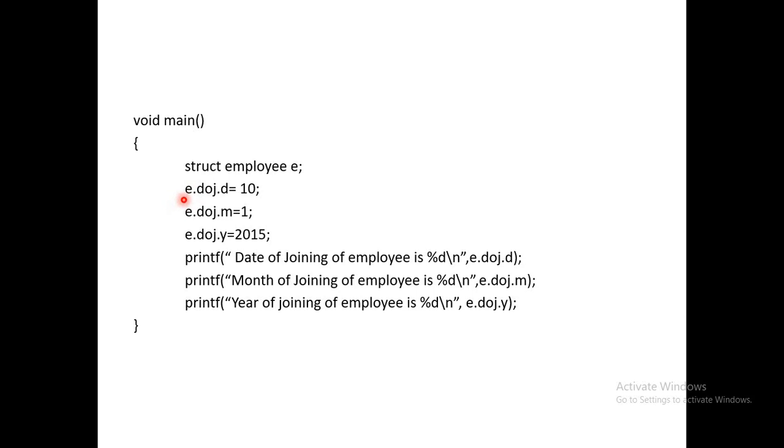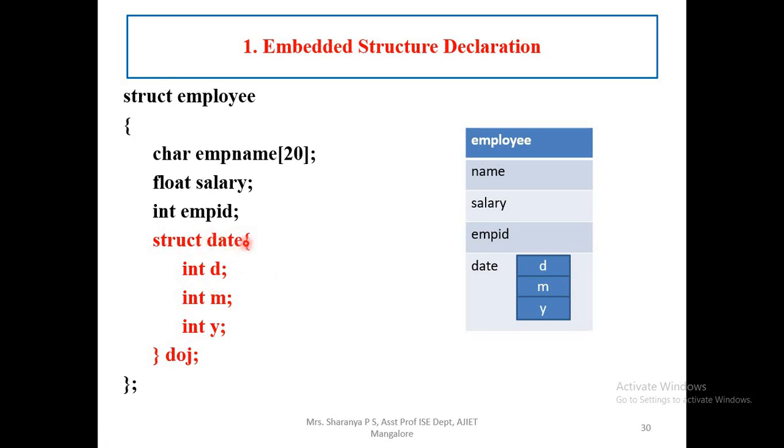To refer to the structure present inside E, we have to mention E dot date of joining. Here E is the variable name, and date of joining is the member of the structure, so instead of date we are referring to it as date of joining.